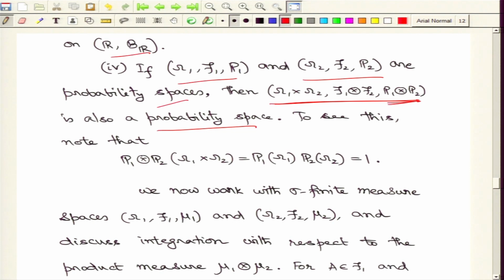To verify this, all you have to check is that P1 tensor P2 associates the mass 1 to omega 1 cross omega 2. Using the properties of the product measure, you get P1 of omega 1 times P2 of omega 2. Since both P1 and P2 are probability measures on omega 1 and omega 2 respectively, both these values are 1, and therefore you end up with 1, so P1 tensor P2 is a probability measure.